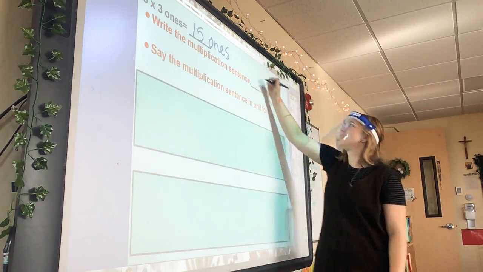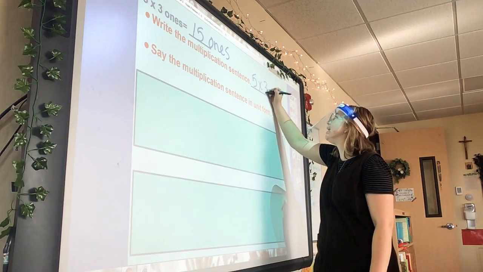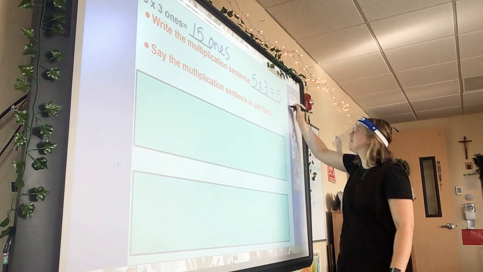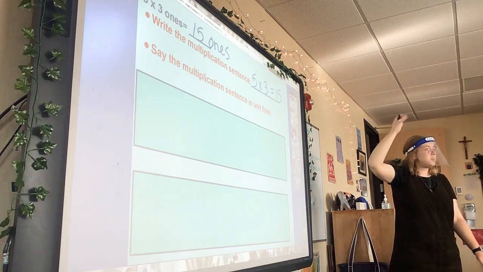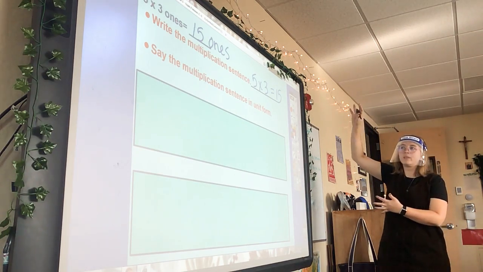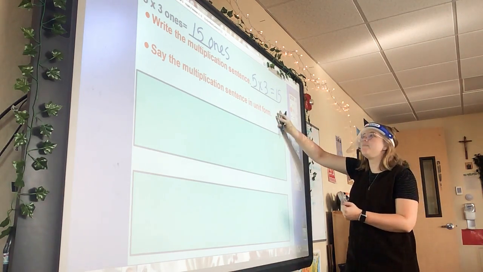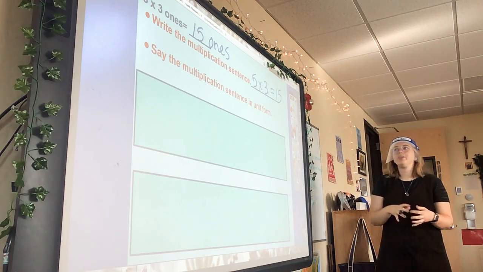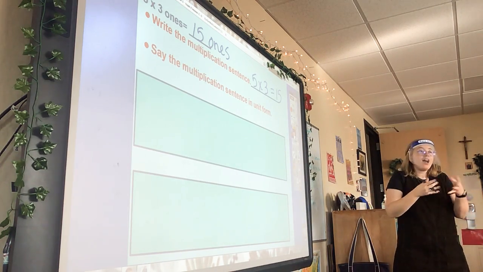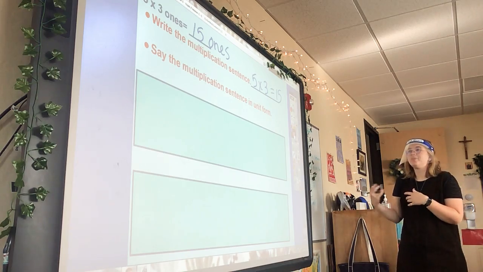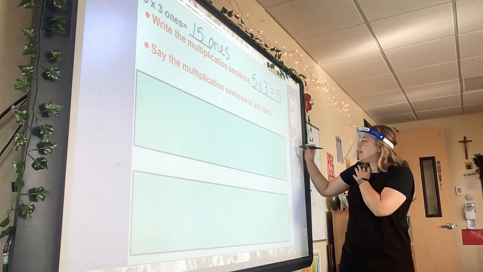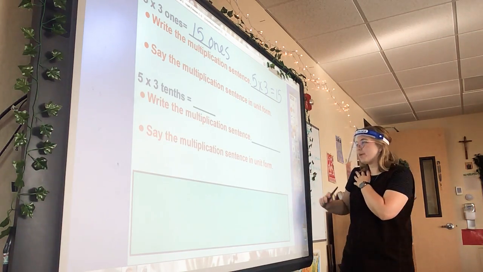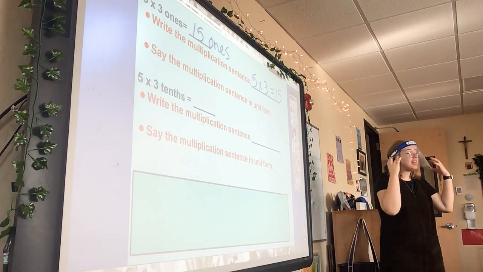So right there, we just did 5 times 3, which equals 15. That's the standard form multiplication sentence. Make sense? Then the multiplication sentence in unit form would be 5 ones times 3 ones equals 15 ones.